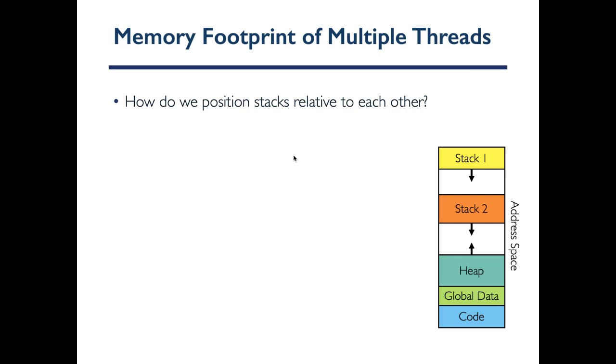You put the stack for the first thread on top, and then for the next thread that comes, you offset by some pre-decided space and put the stack of the second thread, and so on and so forth. Now, what should this offset be? How much should we reserve for each stack? That's a question that we need to answer.